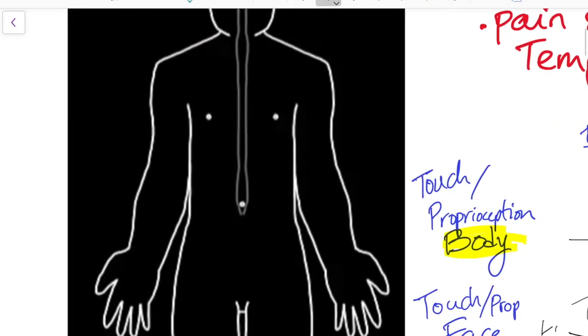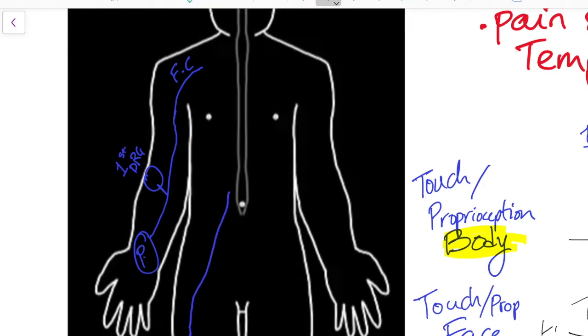So if you feel a touch or pressure in the arm, first synapse will be in the dorsal root ganglion. It will travel in the fasciculus cuneatus. Here, if you're coming from the legs, the same pressure or touch will come up through fasciculus gracilis.